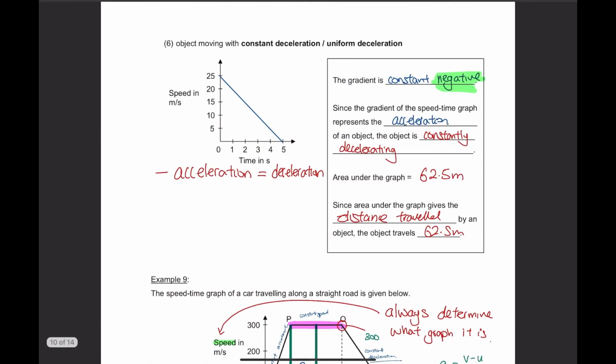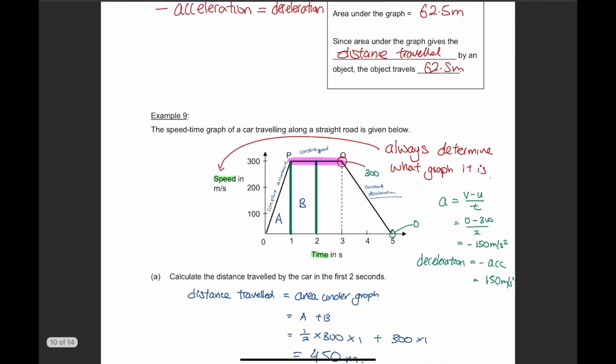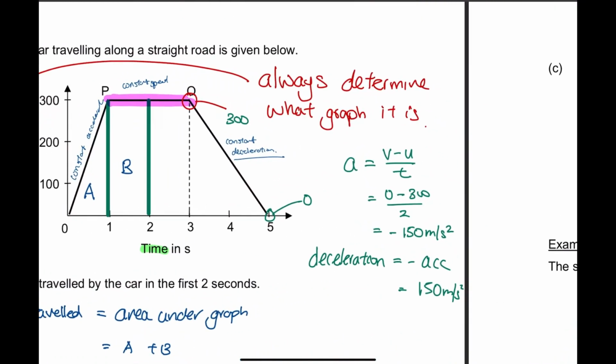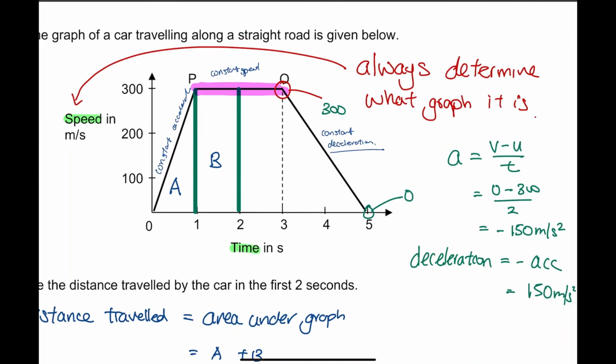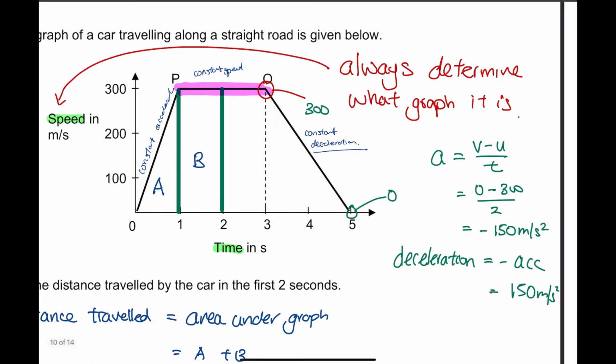Okay, for the next part, they ask you to find the acceleration value for the deceleration component, which is the last 2 seconds, which is this component down here. You just need to plug and play the formula. We know that the acceleration value is a equals v minus u over t. V in this case is my final velocity. So therefore v gives me 0. My final velocity is 0.